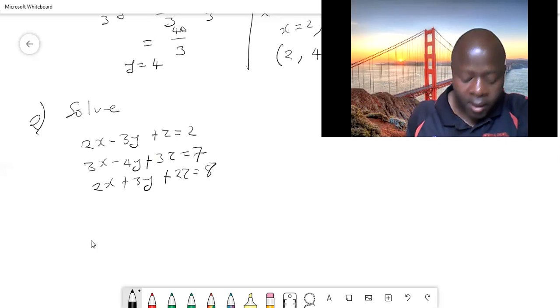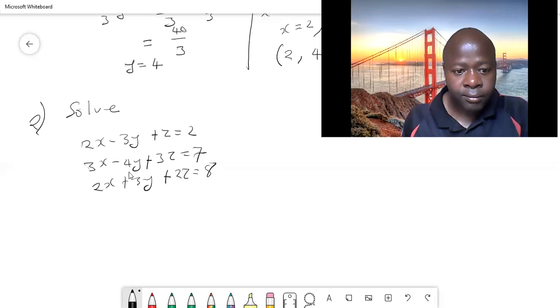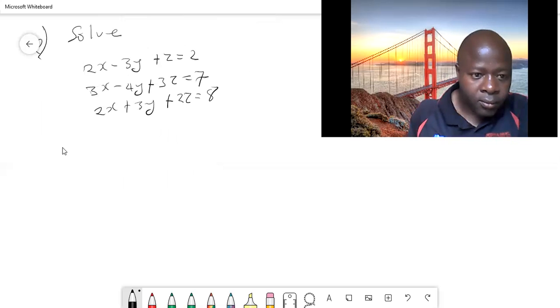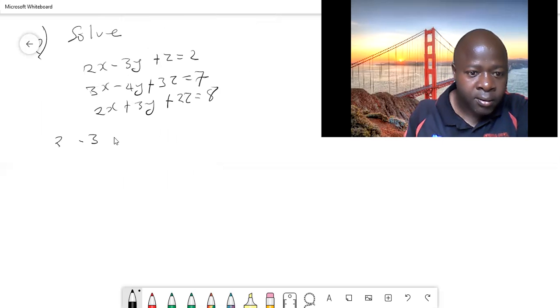Okay, again, let's extract the augmented matrix from this. So we have 2, -3, 1, and then 2; 3, -4, 3, 7; 2, 3, 2, 8.